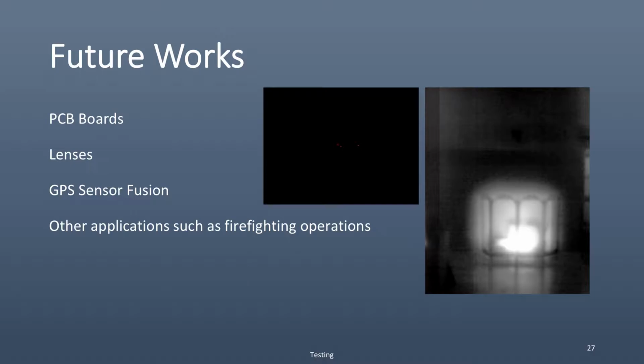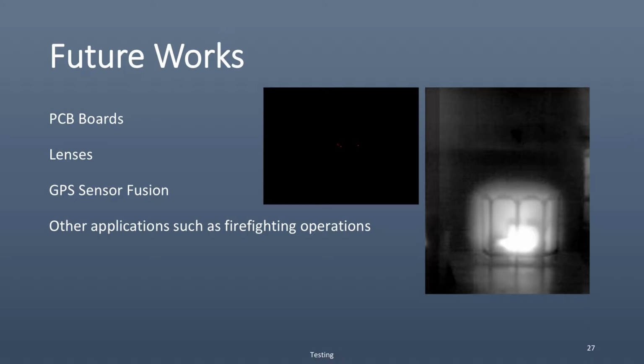Other operations, such as firefighting: the objects we were detecting were people, so they're relatively small, whereas fire is much larger and also much hotter. The shown images here, although you'd have to look really close, the image on the left is a visual spectrum camera taking pictures of embers that you can see lightly dotted in the center of the image.